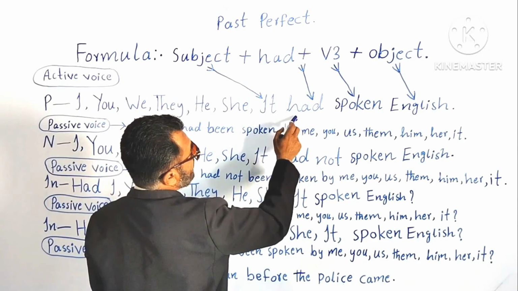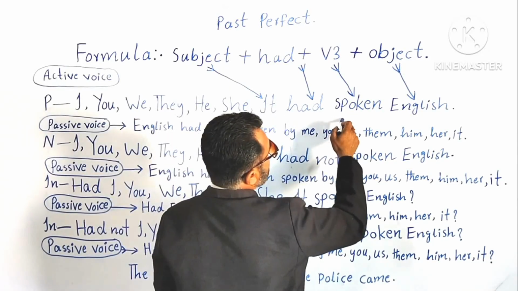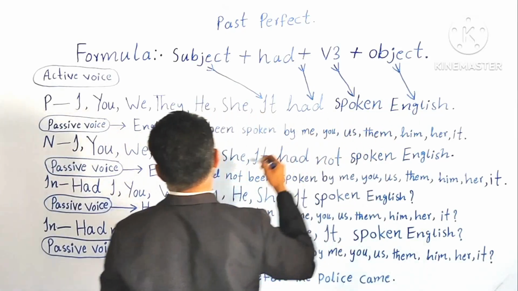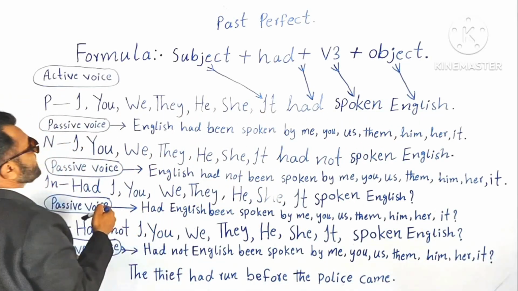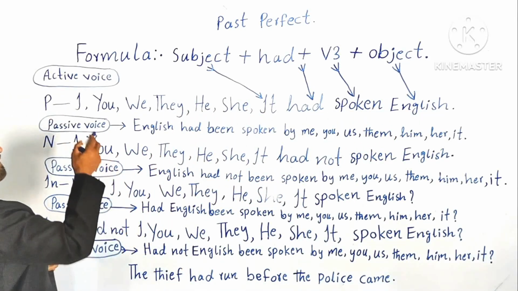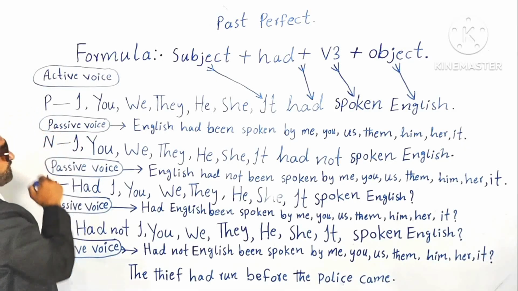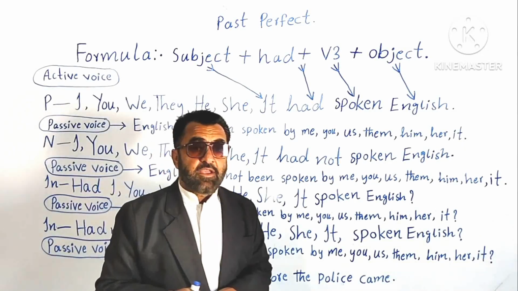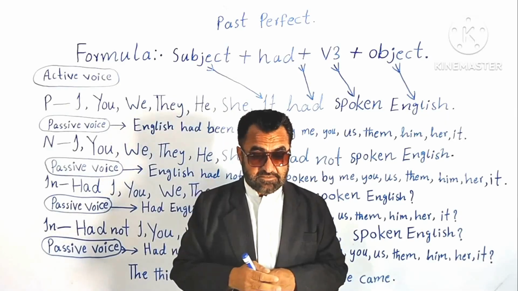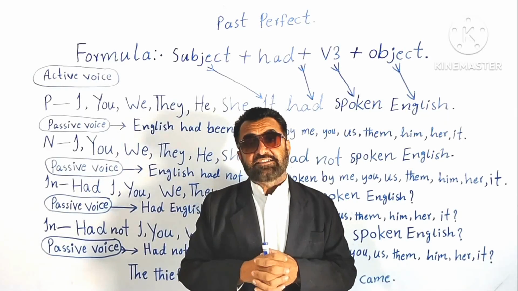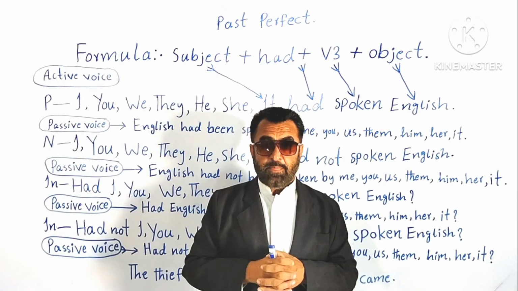So after that your helping verb, after that your main verb, after that your object. Now let's read the sentence so that you understand it very well. Positive sentence. Here I forgot to tell you one thing, that there are kinds of the sentence. Understood?